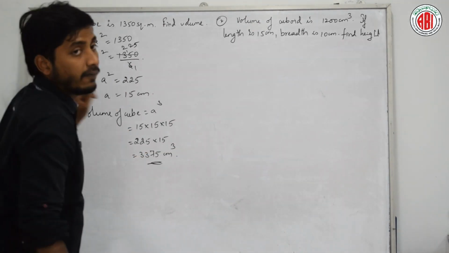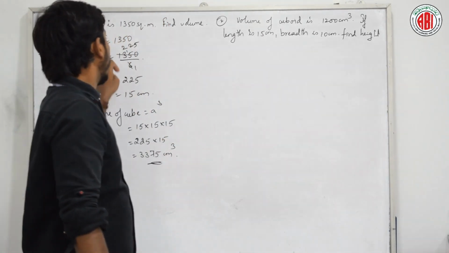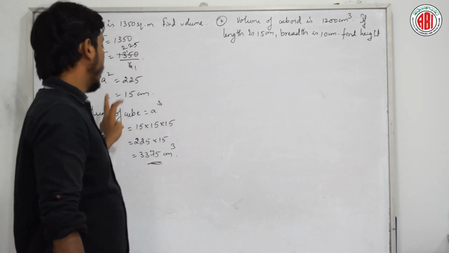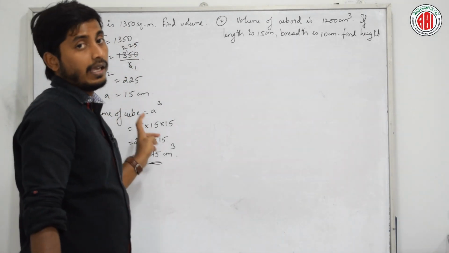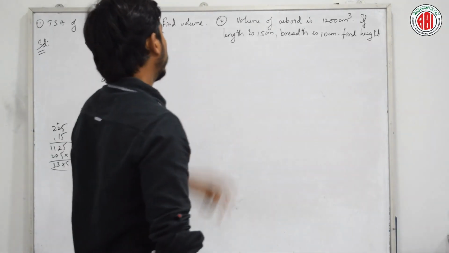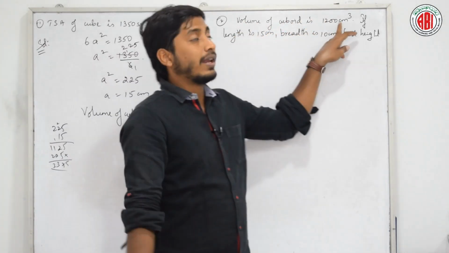This is the volume of the cube. What did we do? We equate the formula of TSA to the number, find the value of a, then substitute this a in the formula of volume of a cube. Clear? Look at the next question. He gave the volume of a cuboid as 1200 centimeter cube.